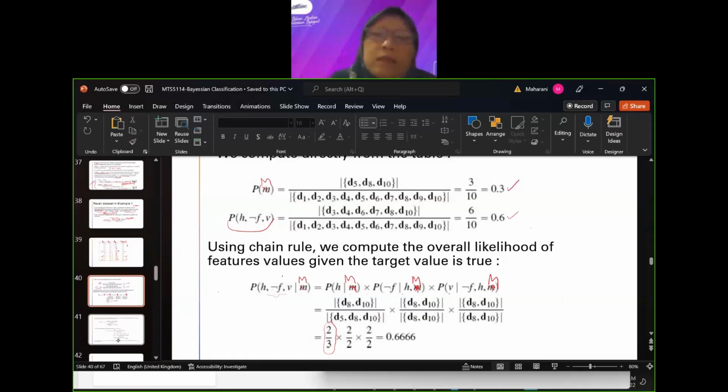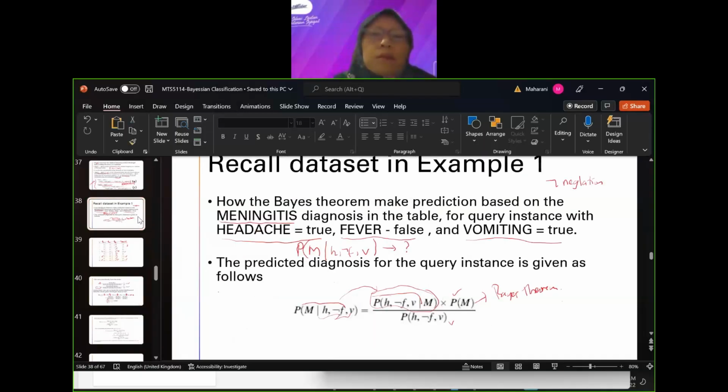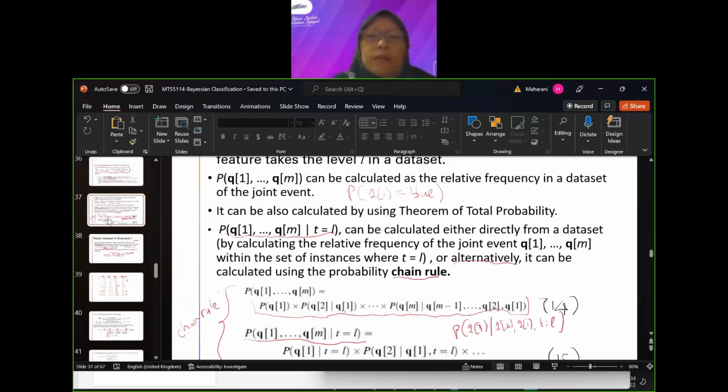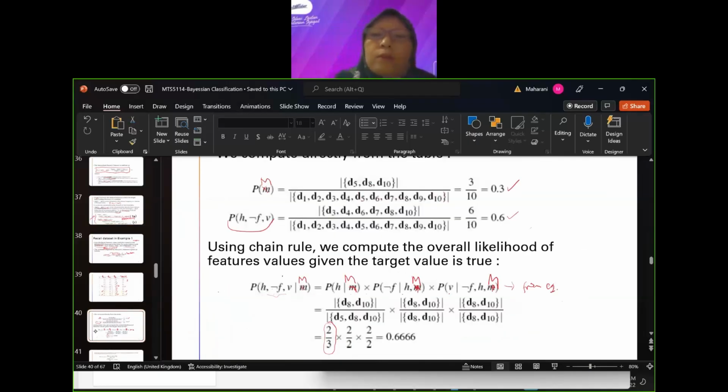So this is from the equation. What number did I give it earlier? 15. From equation 15.